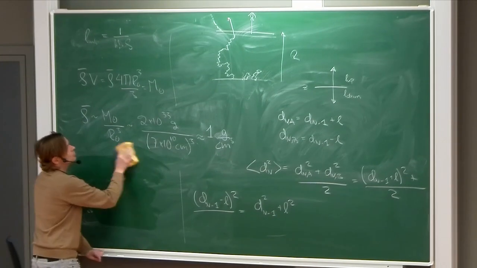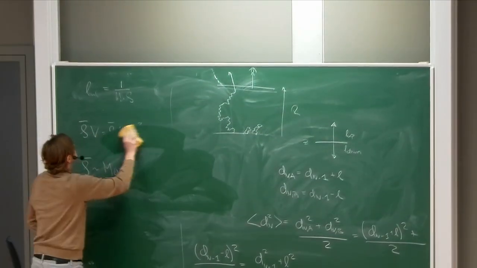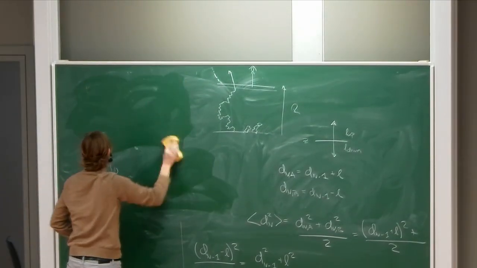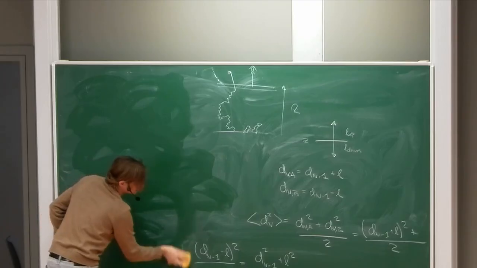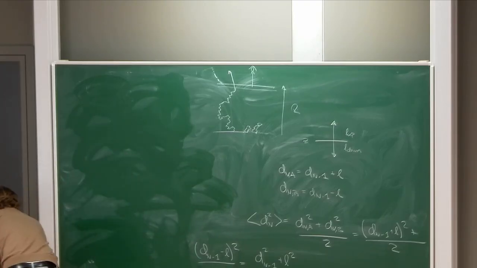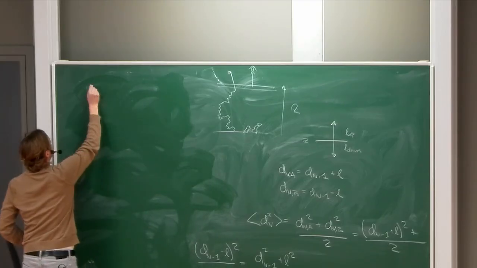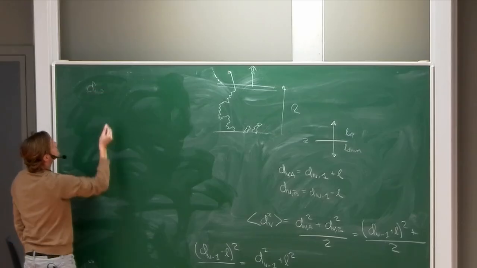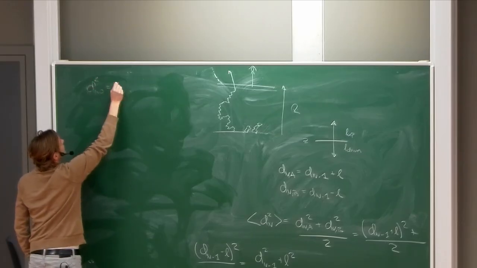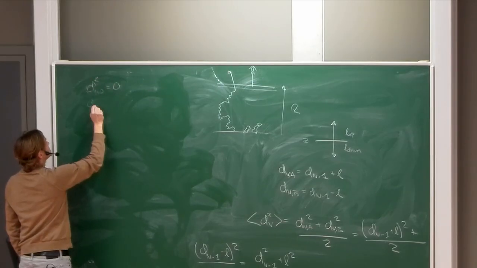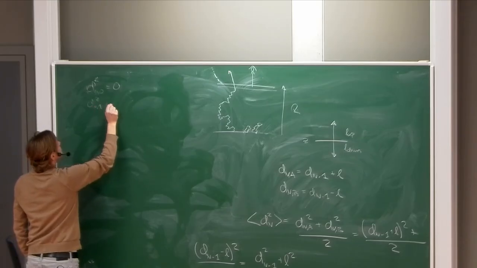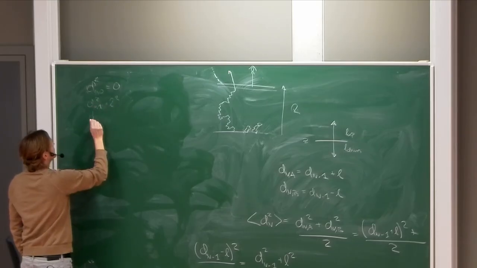Because we can now just put it in this way. If we start at d_0 squared, we say that to be 0, then we see that d_1 squared is just L squared, right?